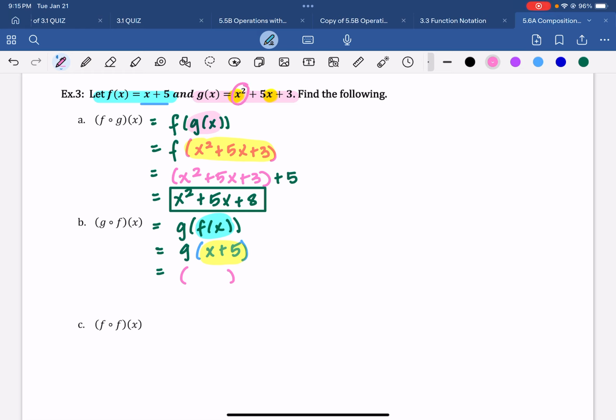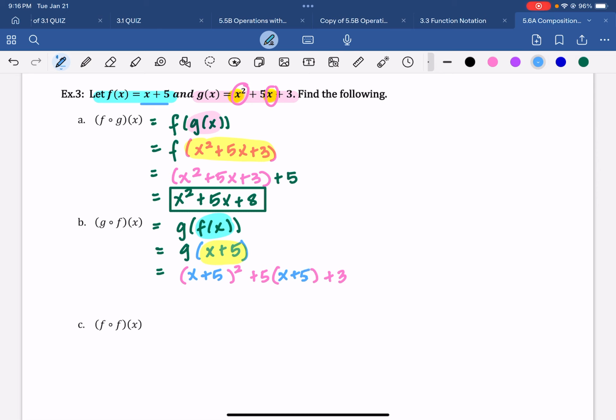So parentheses squared plus 5 times parentheses, and then the plus 3 in the back. And into those parentheses, we're going to substitute this x plus 5 both times. So x plus 5 and x plus 5.